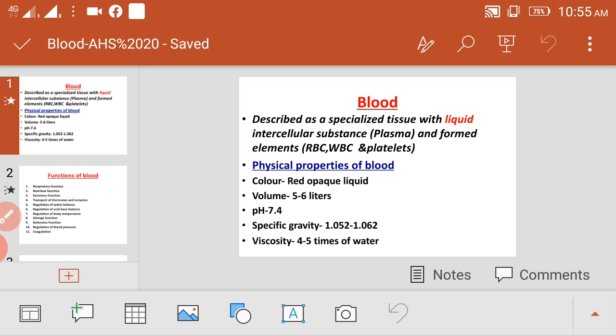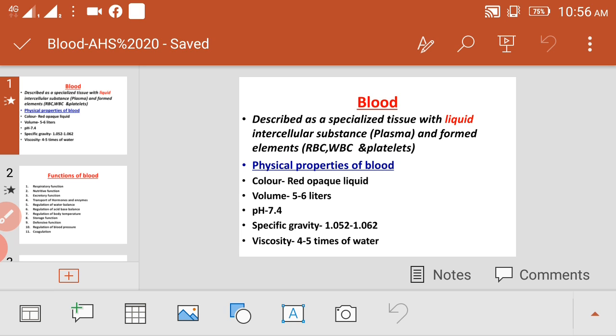So, blood, the study of blood and its components is known as hematology. Okay, so hematology means study of blood and its components. Come to what is blood. So, blood is a specialized tissue with liquid intercellular substances called plasma and formed elements.